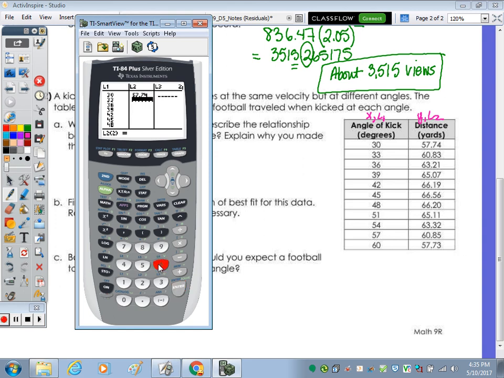Was 60.83. You're probably much quicker using your calculator than I am with the board calculator.